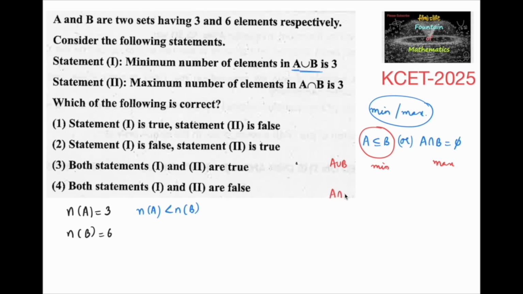And for A intersection B, the minimum will be in the disjoint case and the maximum will be in A subset of B. So we need to consider this case.